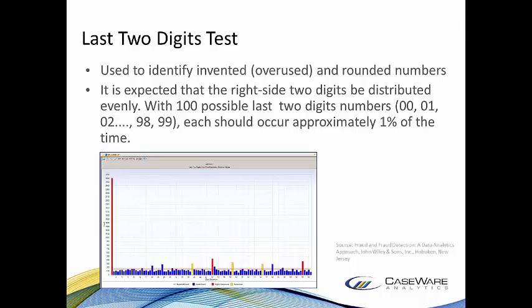But in real life, you can see that the last two digits of 00 occur very, very frequently, as this is an accounts payable file and there's a number of payments that end in even last two digits, no pennies. Also in real life, the last two digits of 50 tend to occur more frequently. And if this was a sales file, you'll probably see the last two digits 99 occurring much more frequently also, because a lot of items are sold like $1.99, $5.99, $10.99, etc.